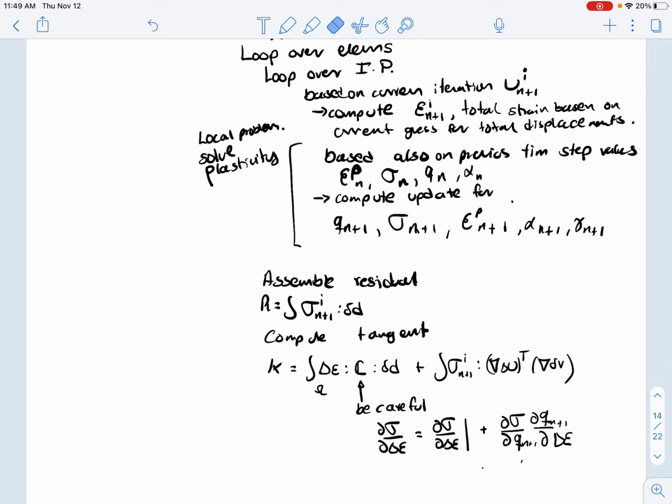So this one is ignoring plasticity. And then you have to do what is the change in stress because of plastic flow. So this is a little bit trickier. So you can, depends on what you choose as your internal variables, but you can choose this.